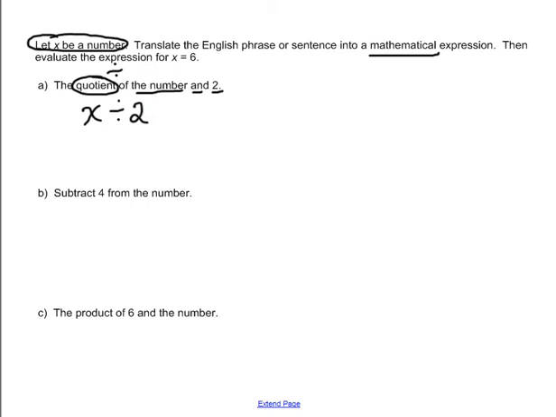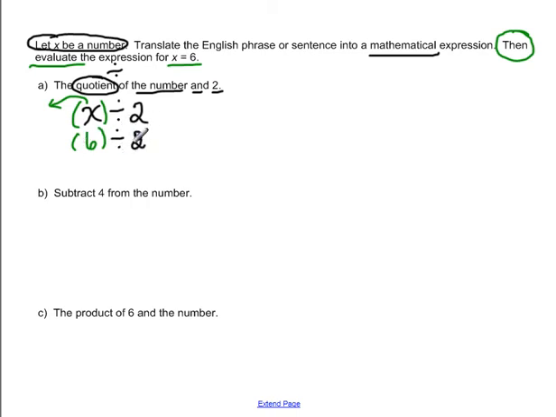Now remember, that wasn't the only thing they told us to do. Then we're supposed to evaluate the expression for x equals 6. So here's my expression. Now I'm going to evaluate it for x equals 6. So I'm going to take the x out, and I'm going to put a 6 in its place. And the divide by 2 is just going to come along for the ride. So there's my substitution step.